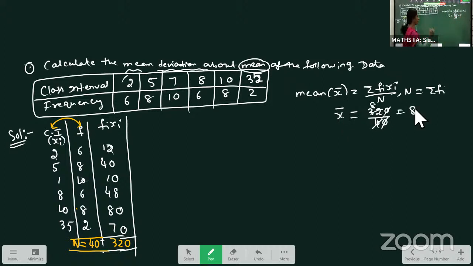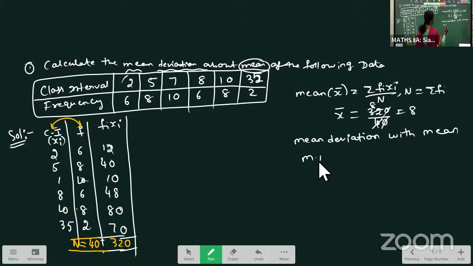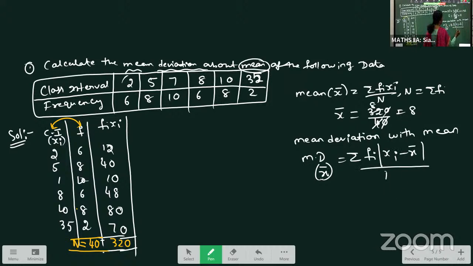Now, with the help of the mean, we have to find the mean deviation, from mean or about mean, whichever word you want to use. The formula for mean deviation about mean for grouped data is sigma fi mod xi minus x bar by capital N. Now what do we need?